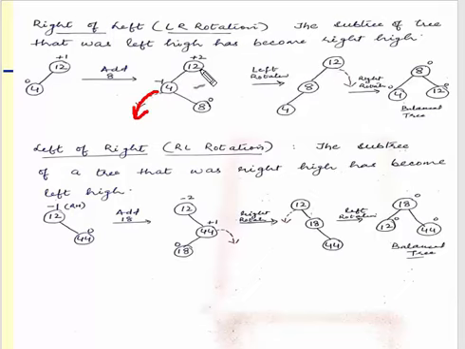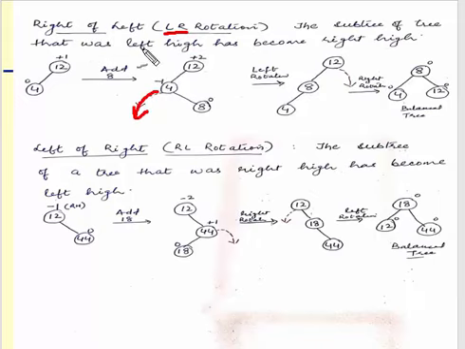This node was out of balance, so move this towards the right side. When you move this towards the right side, it will become the right child of 8. So this is your balanced tree. So you need to remember, if it is LR rotation, what is the meaning of that?